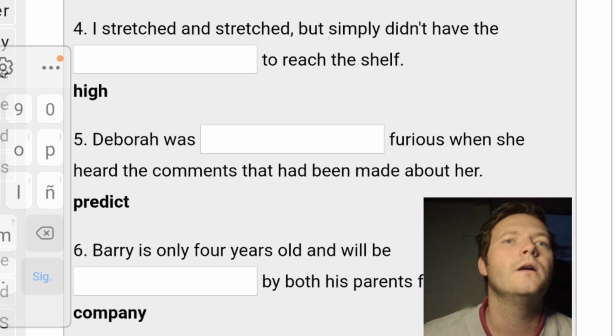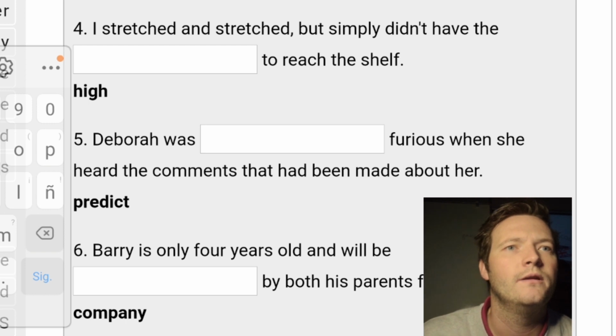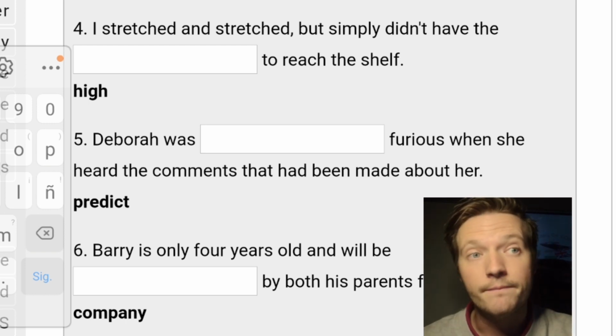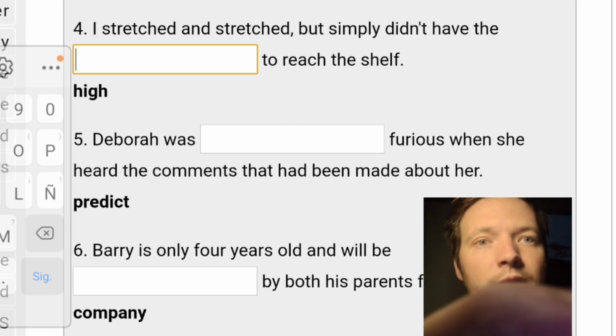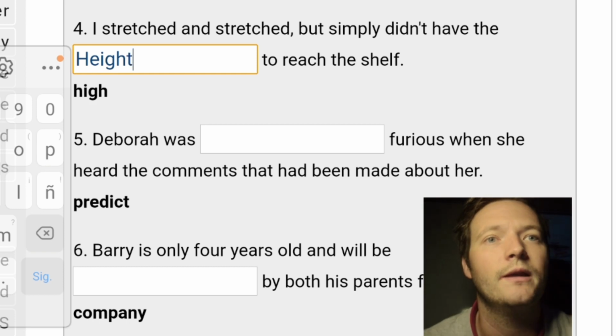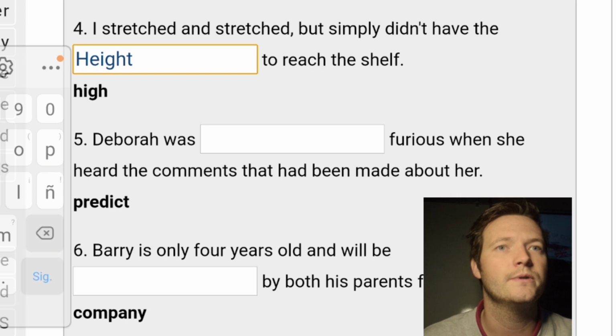4, I stretched and stretched, but simply didn't have the height to reach the shelf. Yeah, very typical mistake. People spell it wrong. People can't remember it. Height. It's spelt the same way as weight, isn't it? Weight with a W, of course, but it's pronounced height.